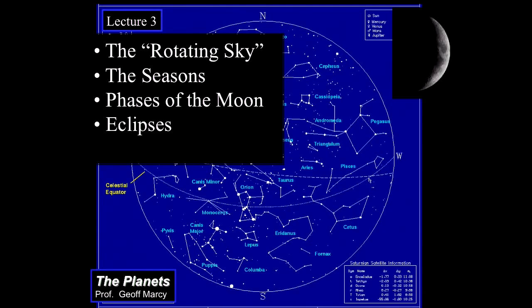We'll try to give you a sense as to why the night sky is the dynamic place that it is, so that when you look up into the night sky, maybe after class today, if there isn't much fog, you'll be able to understand what it is you're seeing when you see the moon or the sun or the stars moving or setting. So those are the topics.